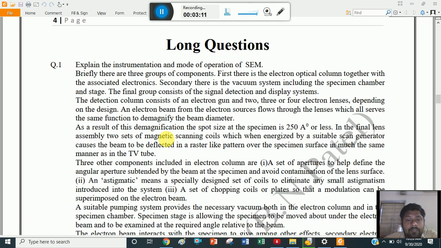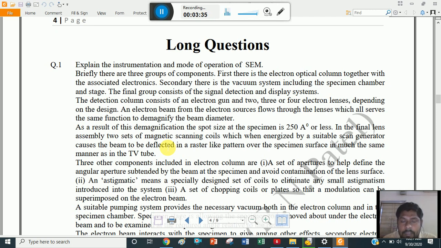In the final lens assembly, 2 sets of magnetic scanning coils, when energized by a suitable scan generator, cause the beam to be deflected in a raster-like pattern over the specimen surface, in much the same manner as in a TV tube, that is, the television tube. In the last lecture, part 1, I already explained raster scanning: the scanning of a surface in the X direction with the help of a cantilever tip.